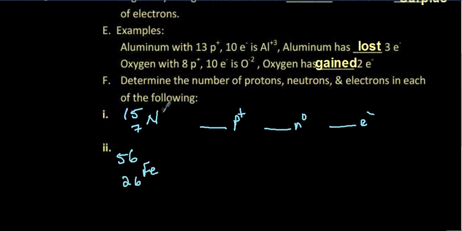Oh, I'm sorry, this is a 3- charge, and this is a 2+ charge, and tell me how many protons, neutrons, and electrons. So you should pause here and try to figure this out for yourself, and then come back to this when you think you have an answer.